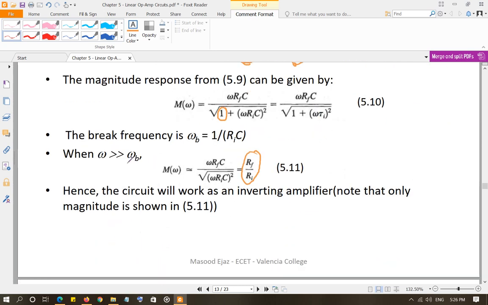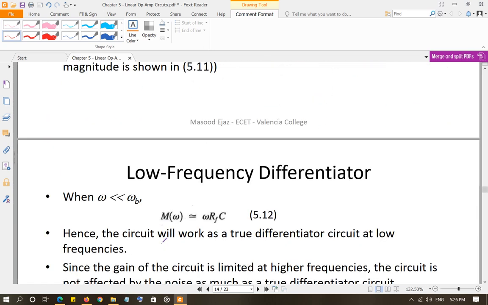Now, if your frequency is quite smaller than omega B, then the magnitude will be approximately omega RFC. So this is the magnitude of the transfer function of the true differentiator circuit, omega RFC, right?